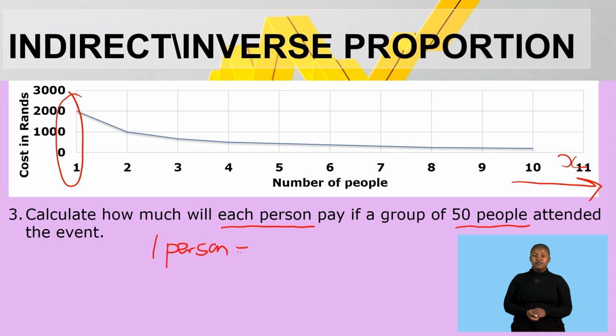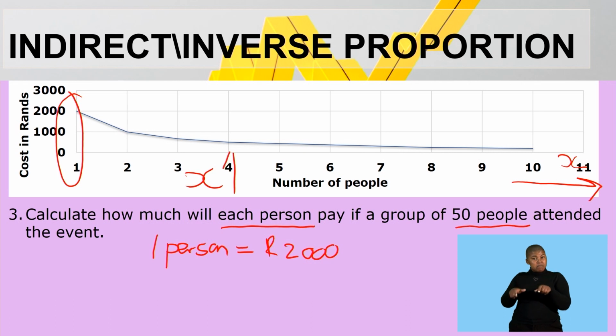So if one person is going, that person will pay 2,000 Rand. And remember, as the number of people goes up, the cost is going down with the same ratio.